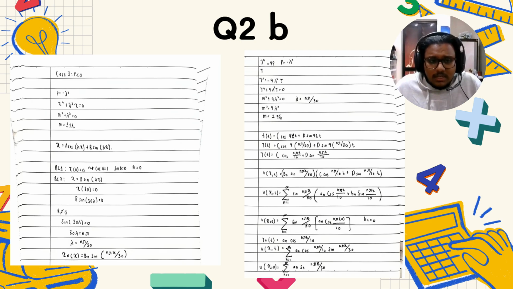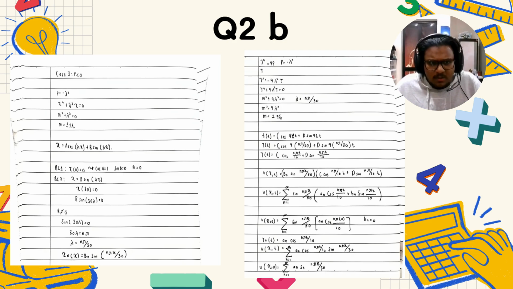Solving for lambda, we get our eigenvalues lambda = n pi over 30. Plugging our eigenvalue back in, we obtain our final spatial eigenfunction, which is X_n(x) = b sin(n pi x over 30).